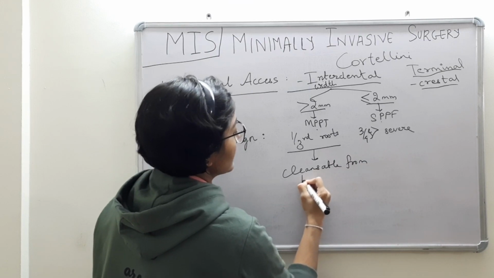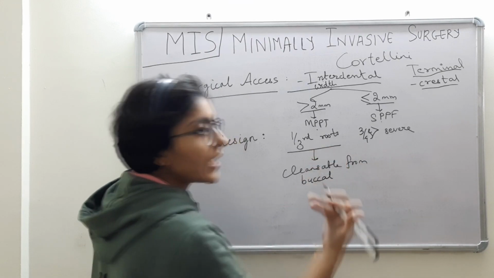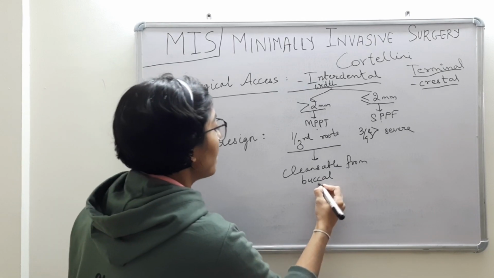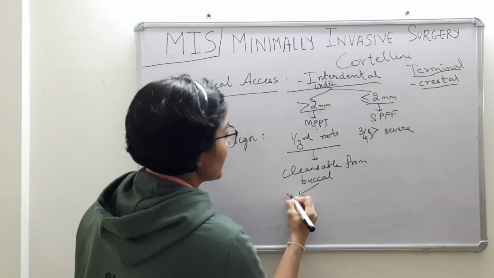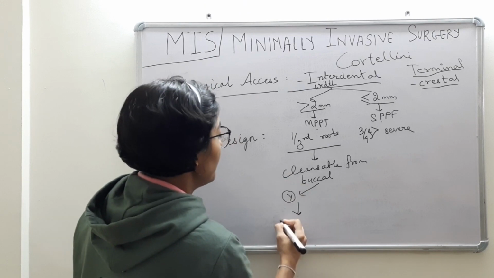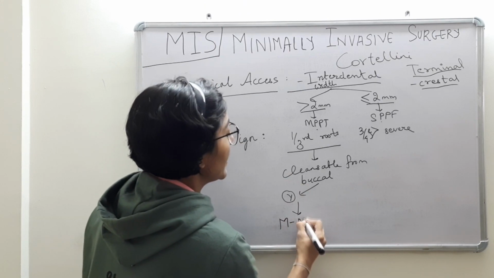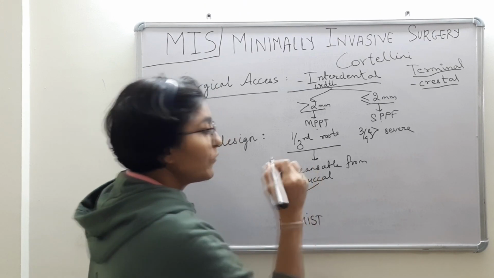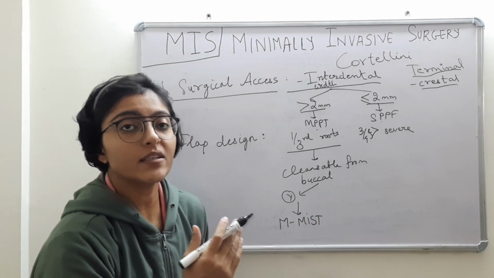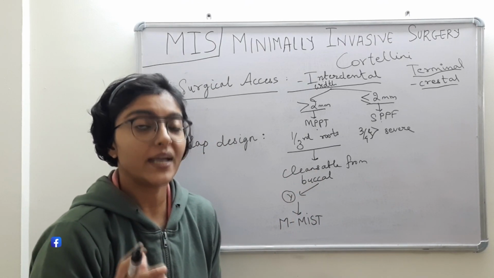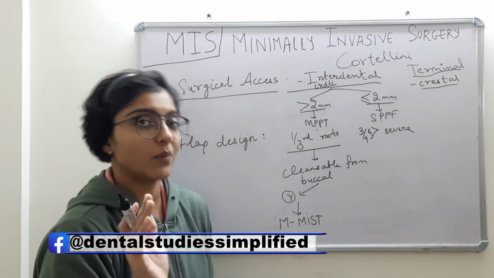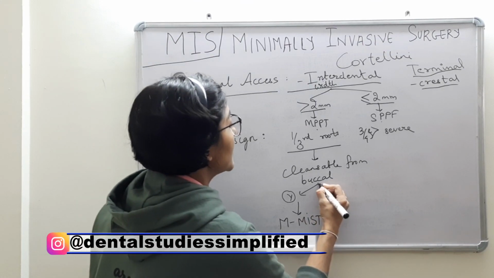That is whether the defect is accessible and cleansable from the buccal aspect. Why this question? Because if yes, then we choose modified MIST, in which the defect is approached from a single aspect, and that single aspect is preferably buccal aspect.